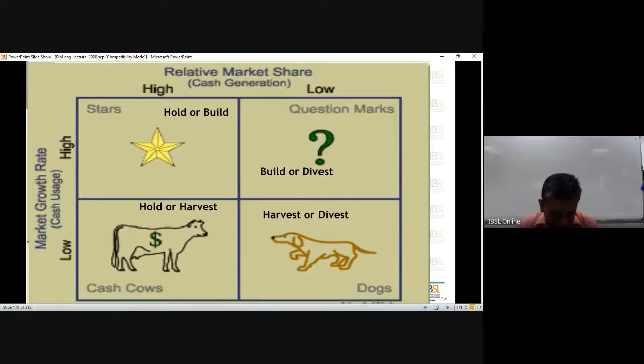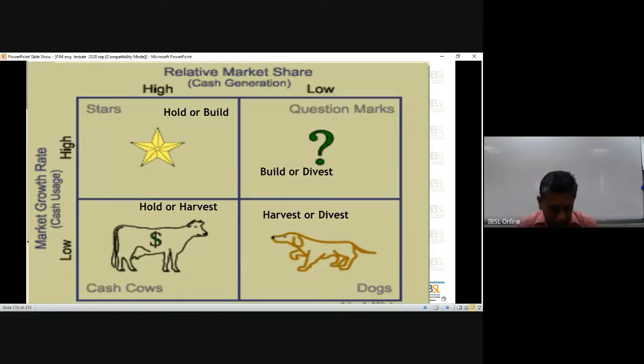We can keep it there, or invest more money, or sometimes do promotion, radio advertisement, marketing, so you can convert those stars to cash cows. That is the strategy we are going to use.